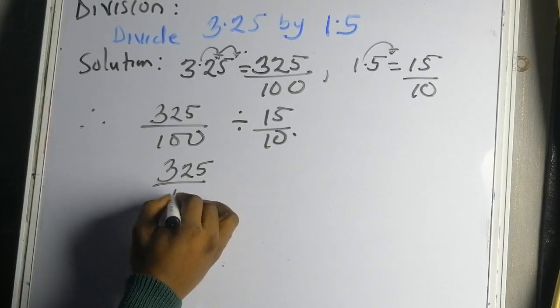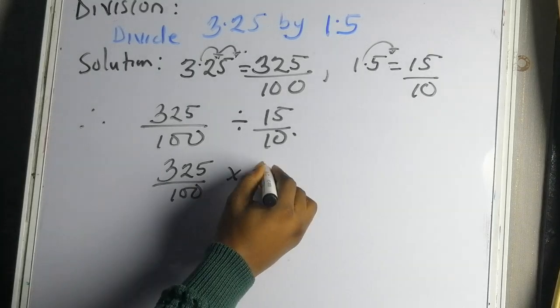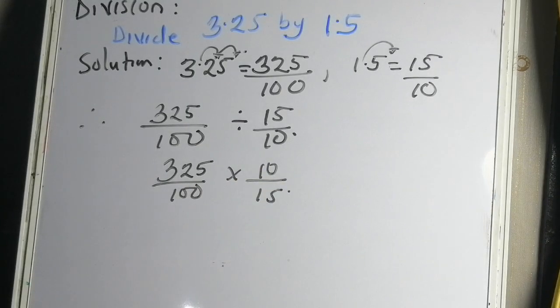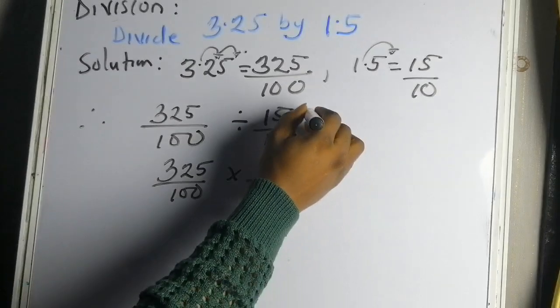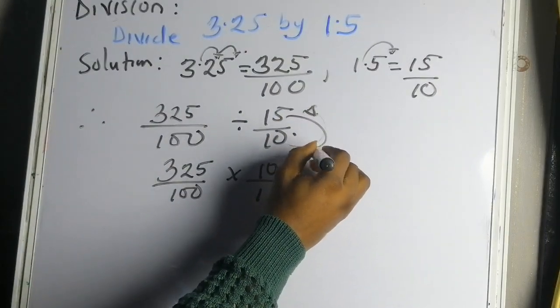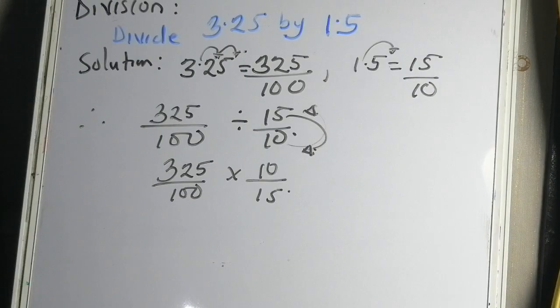So I can as well say 325 over 100 times 10 over 15. Don't forget, if you want to change division to multiplication, the denominator will go up and the numerator will come down. That is, the denominator becomes numerator and the numerator becomes denominator.